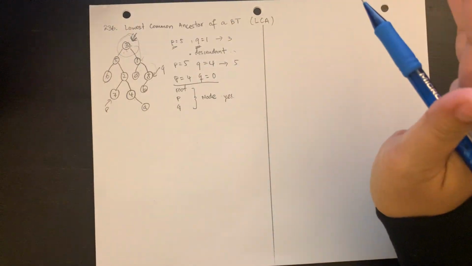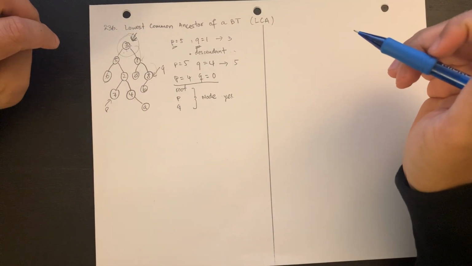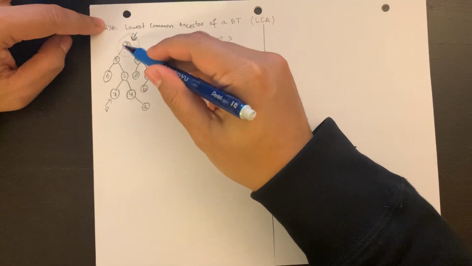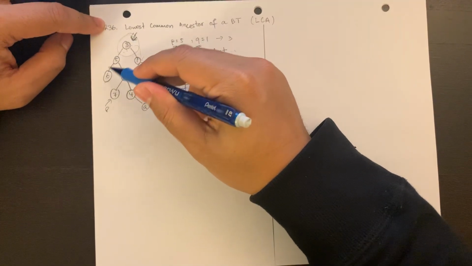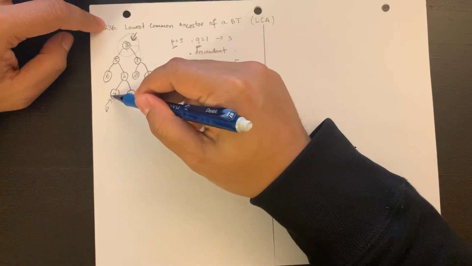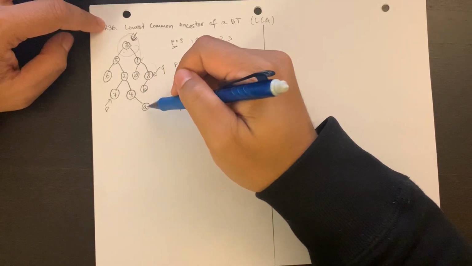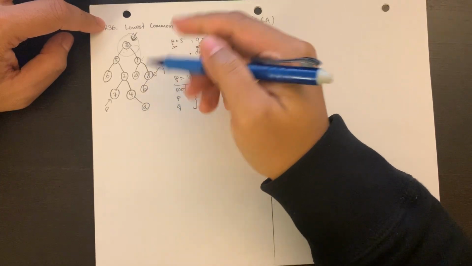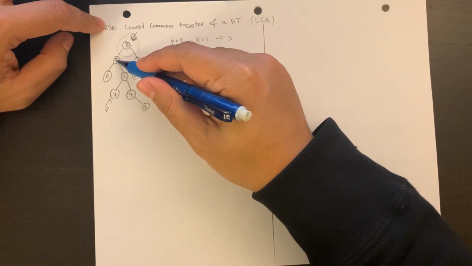It's always guaranteed that we can find those two nodes. So we just traverse left, left, right, left, right, right, and then left.